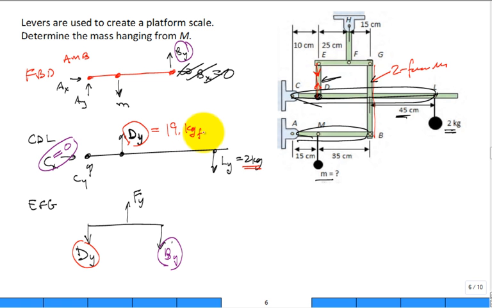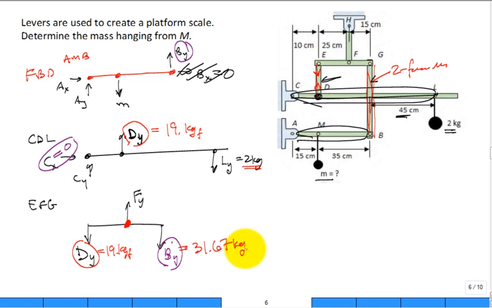All right. Now, once I do that, I come over here. Here's my Dy, 19 kilogram force. I can calculate the force that goes from right here in the member B to G. How would I do that? Sum of the moments around that point right there, which is point F. And you can calculate this to be 31.67 kilograms.